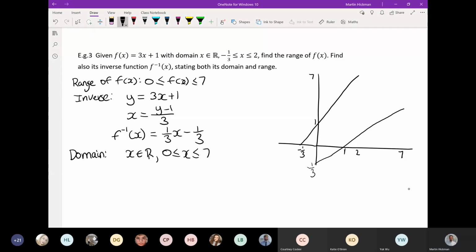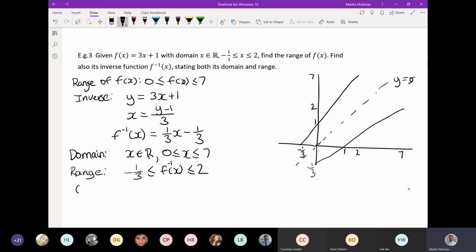So in order to get that minus a third, I put in x as 0. To get that 2, I put in x as 7. And then the range of this just goes between minus a third up to, as I mentioned, 2. Okay, yet again, we have that reflection in the line y equals x.